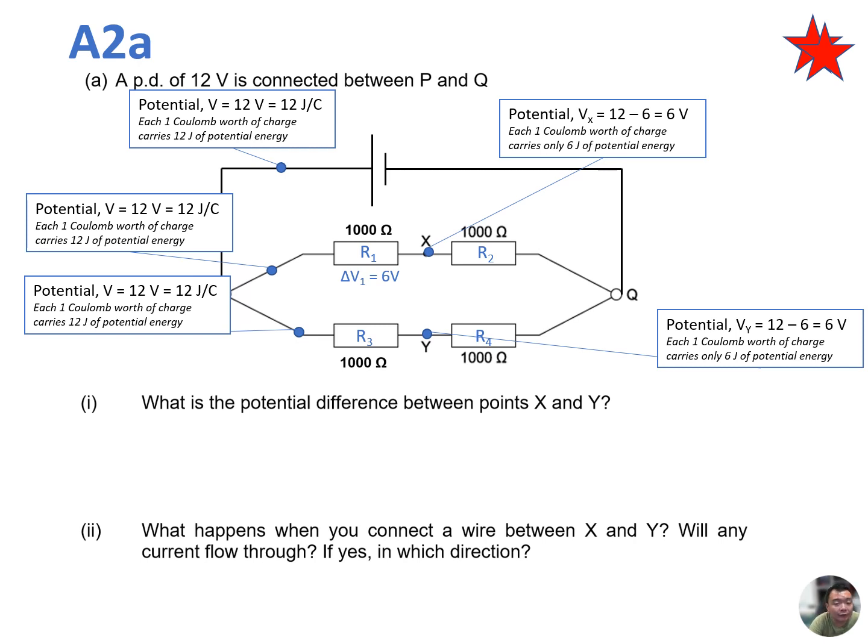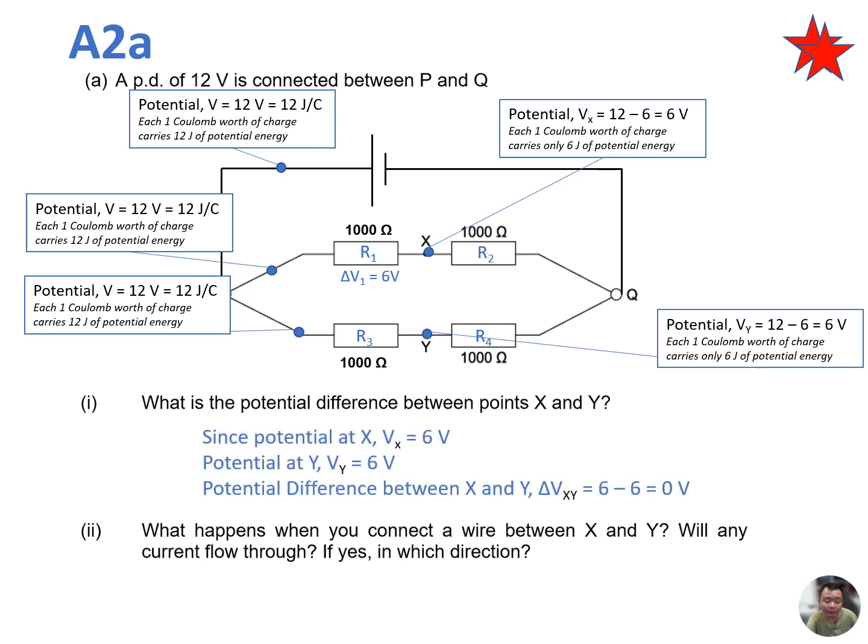We can now solve part A, where it asks what is the potential difference between point X and point Y. So we have established that the potential at X is 6 volts and the potential at Y is also 6 volts. Therefore, the difference between these two potentials is 0 volts.